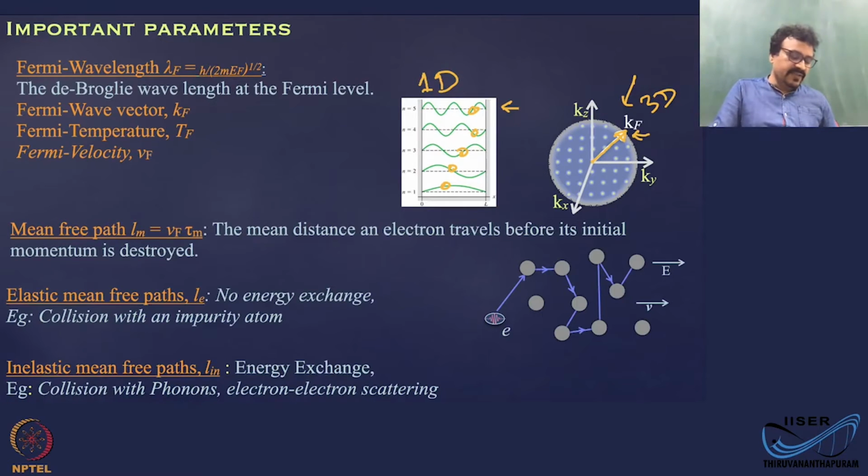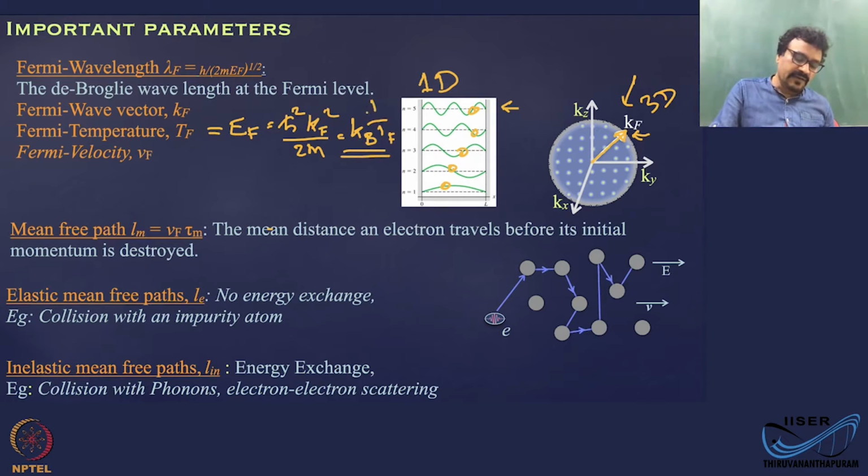The wave vector corresponding to that state is called the Fermi wave vector, and you can also define a temperature scale for that particular wave vector or state, called the Fermi temperature. What you do is take the Fermi energy, that is EF, which is h bar squared kF squared by 2m, and equate that to kB TF.